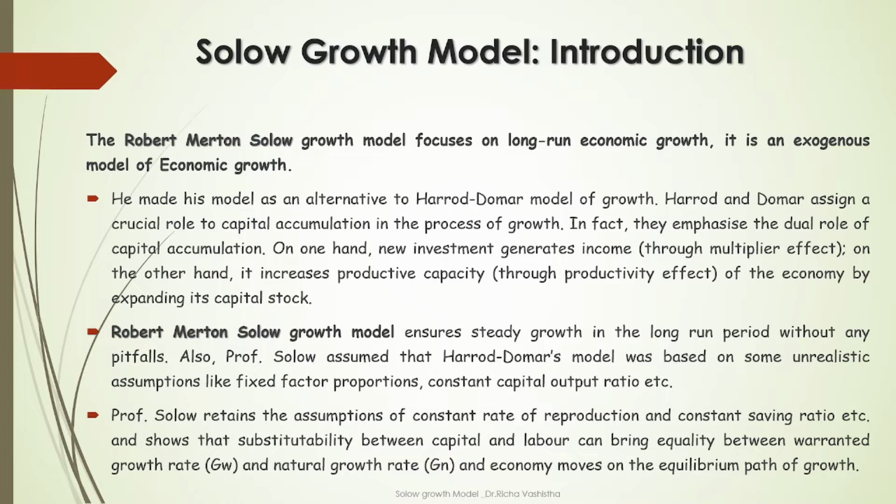I'll put the link below, where you can see how they discuss in their model this entire growth scenario in terms of three kinds of growth rate. Here they are trying to relate to the same, and further they established equilibrium considering all those three kinds of growth rates.